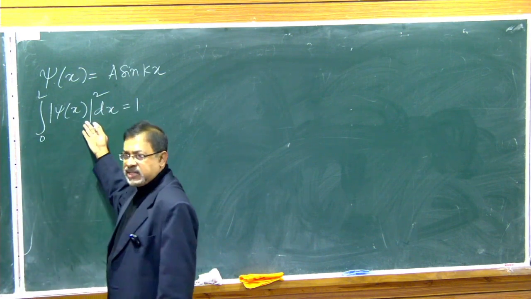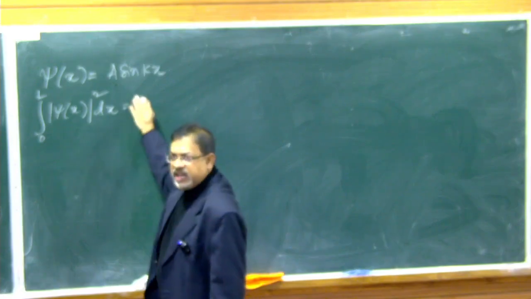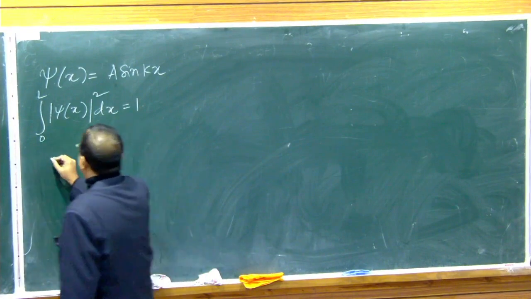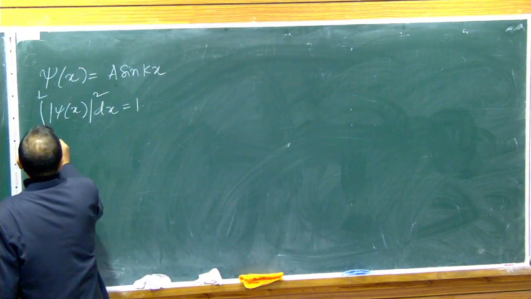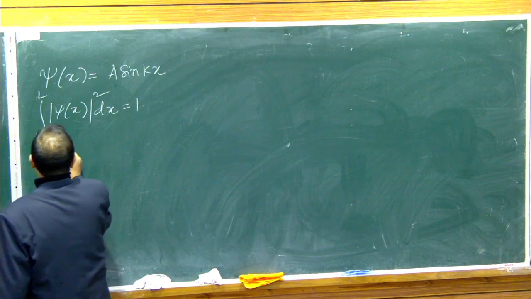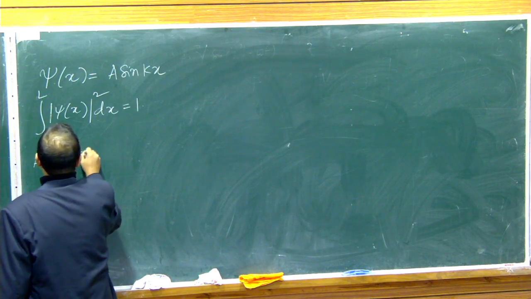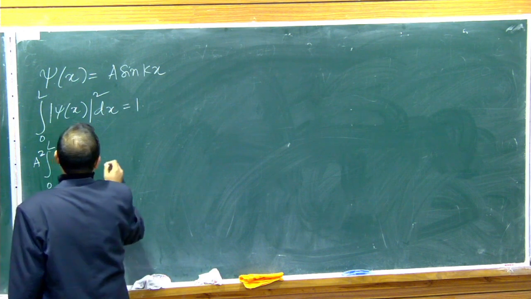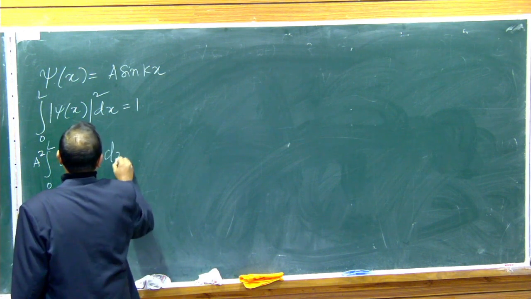So this is the condition that should find A. In principle this is a mod square, but here of course it's a real function, so you can simply write psi squared. So this is the integral of A squared, A is a constant, sine squared kx dx and so on.